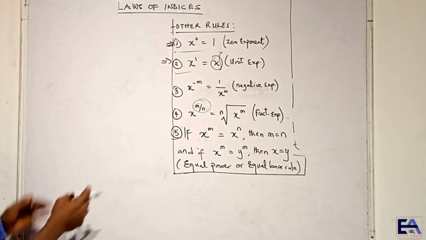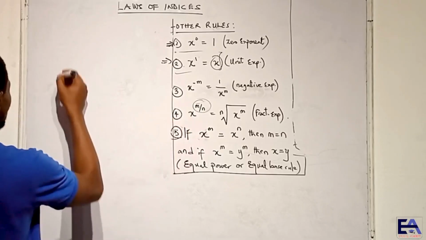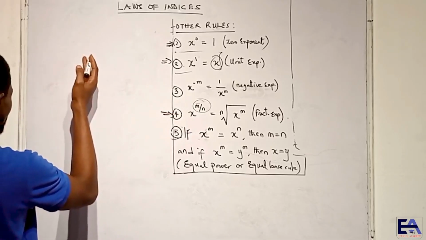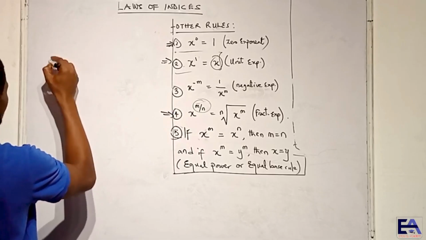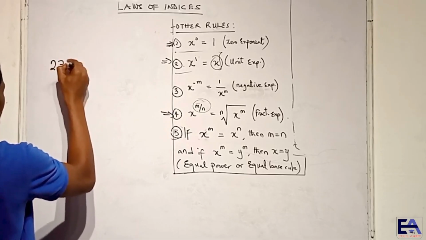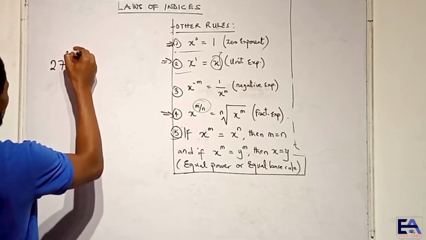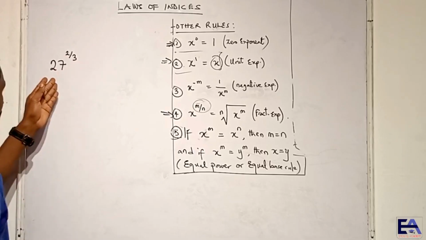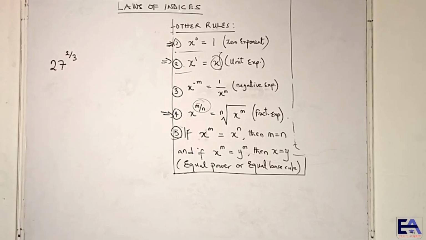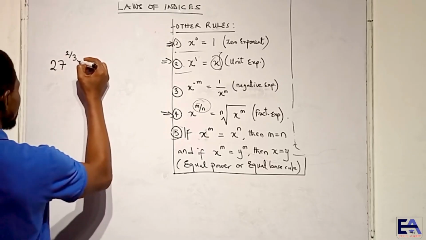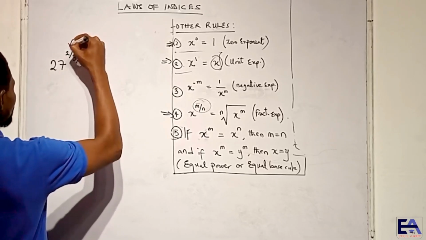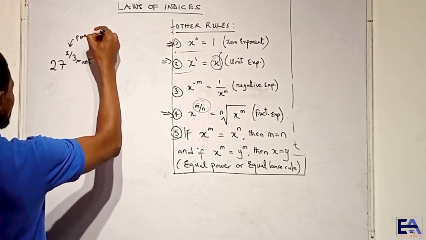All right, so we have the same law. Let's say we have 27 raised to power 2 over 3. You want to find the result of 27 raised to power 2 over 3. It's very simple. Remember that the denominator will form the roots, while the numerator forms the power over the base.